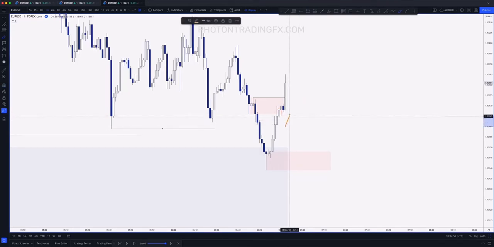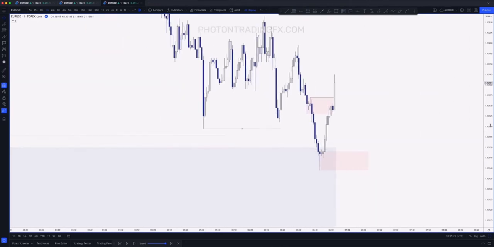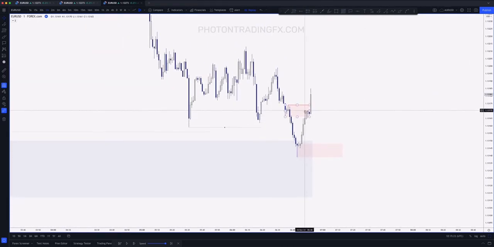So if I try and make that clearer, price would come in to supply, it would react, try to make a bit of an up move there, then it would come down, sweep the liquidity below that low, then we would have the confirmed flip, and this would be the area in which I would want to enter, because that flip grabbed liquidity and it's a sweep zone. When that happens, you can take flip zones with a lot more conviction and a lot more high probability that we are going to react from here and not come down to the extreme. Now in my plan, I do not have that as a strict criteria.